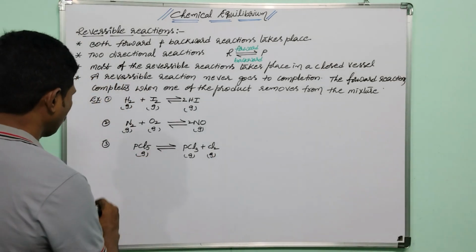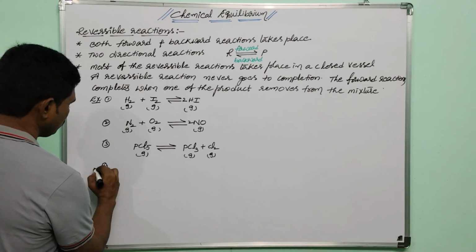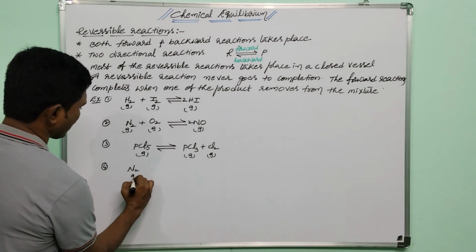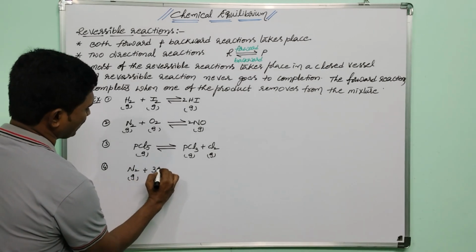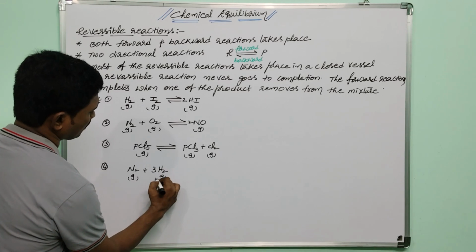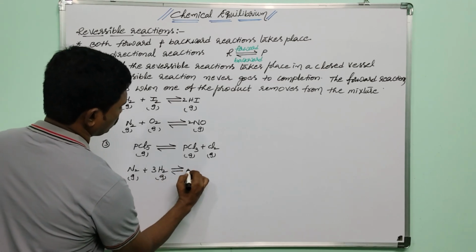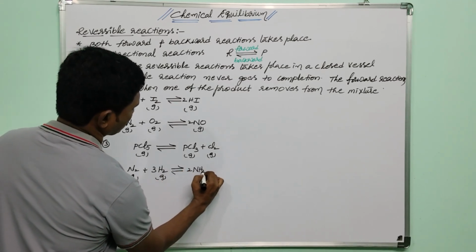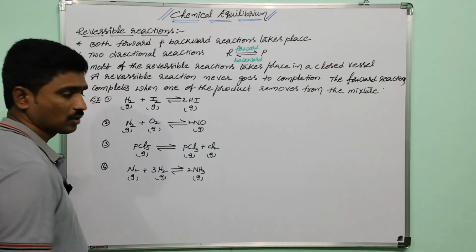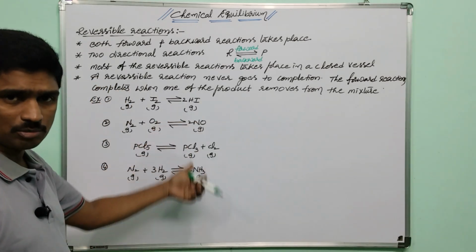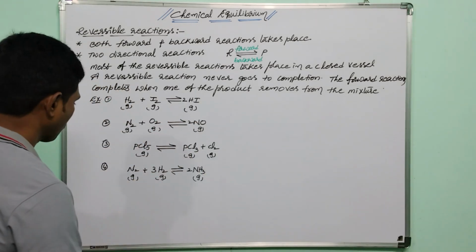Okay. One more example. Nitrogen gas combines with hydrogen gas to give ammonia gas. Okay. Examples for reversible reactions.